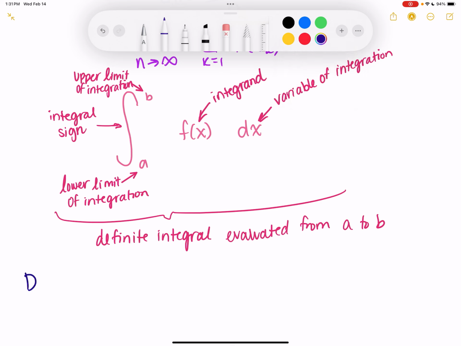All right, we got another definition. So this is for area under a curve as a definite integral.